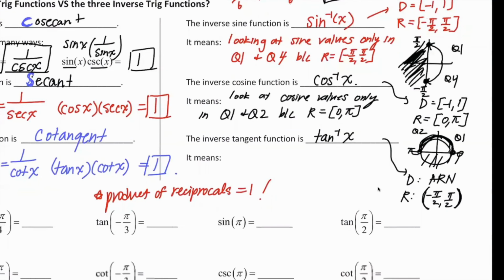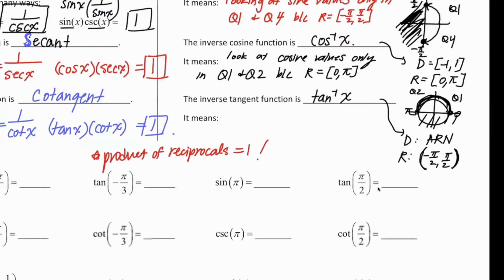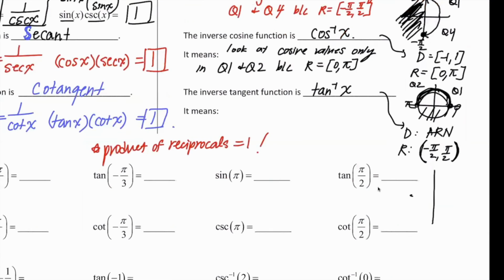So then in a unit circle, I'm going to have to go down bottom. In a unit circle, negative pi over 2 is down here, and pi over 2 up here. So it's similar to inverse sine, except these are open circles. These two are not part of the solutions. So still quadrant 1 and quadrant 4, and not including the pi over 2 radians.